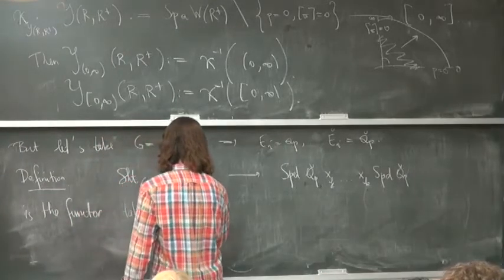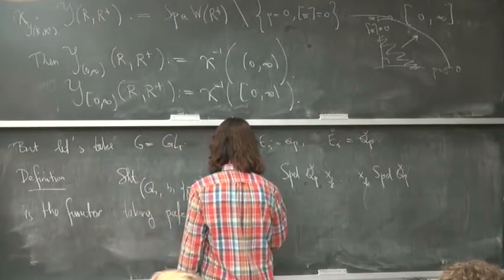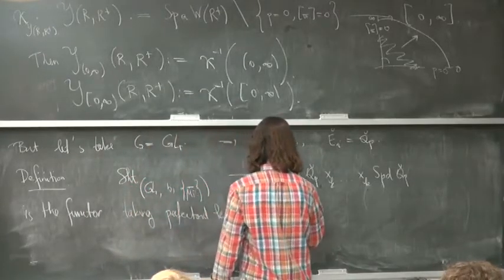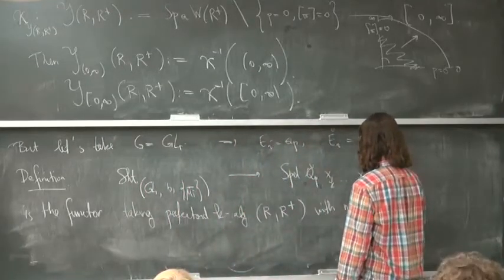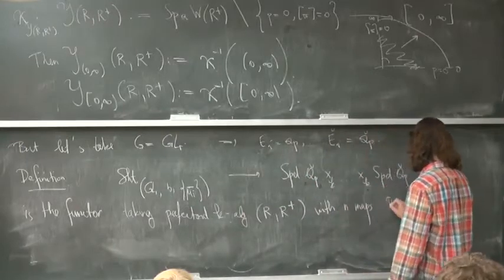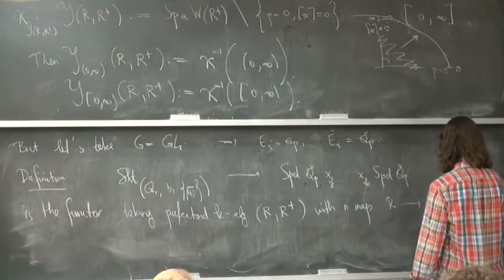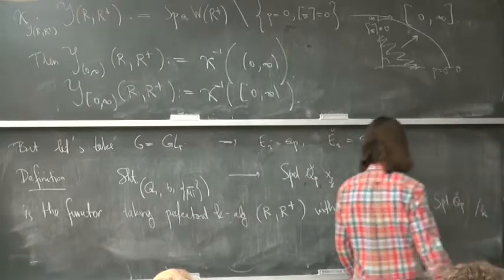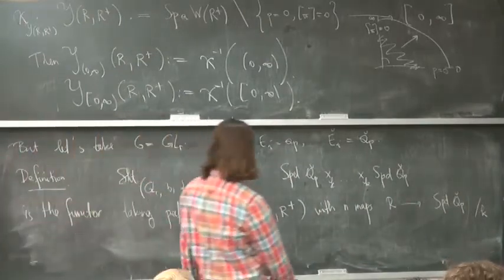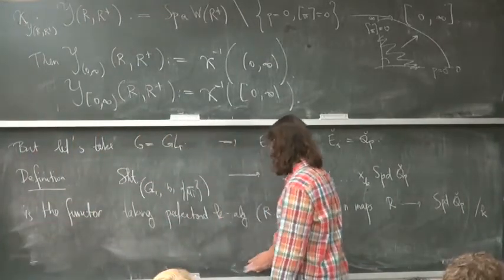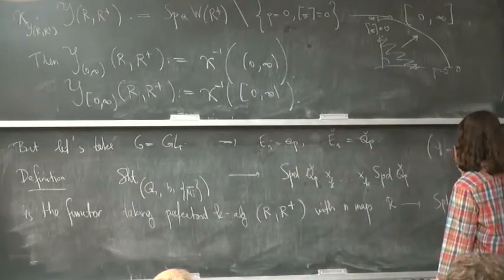Taking a perfectoid K algebra R, R^+ with n maps over K. Yeah, K is still F_p bar.